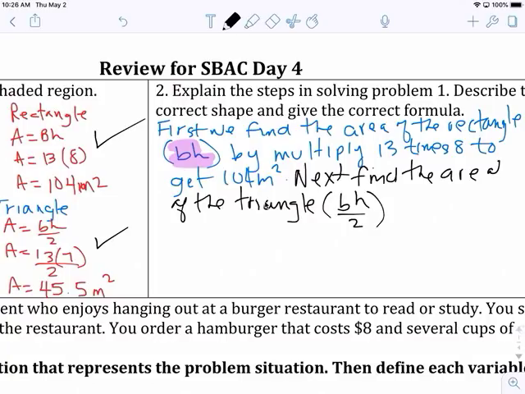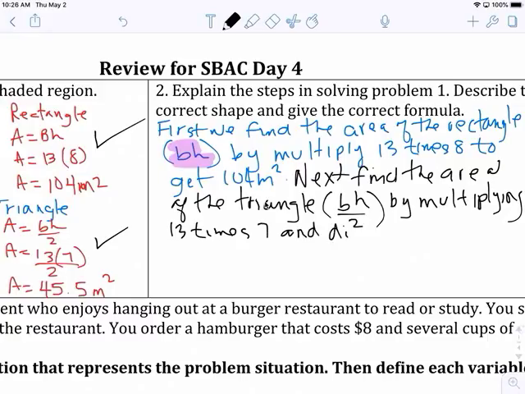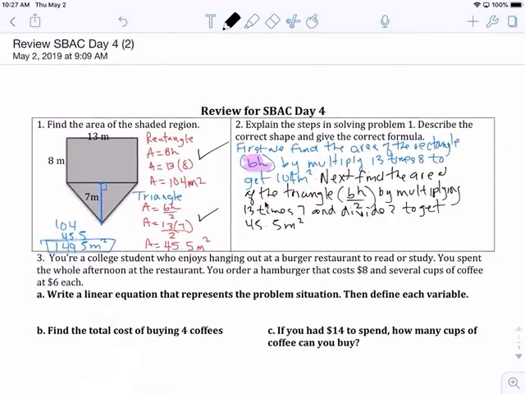So, by multiplying 13 times 7 and divide by 2 to get 45.5 meters squared.